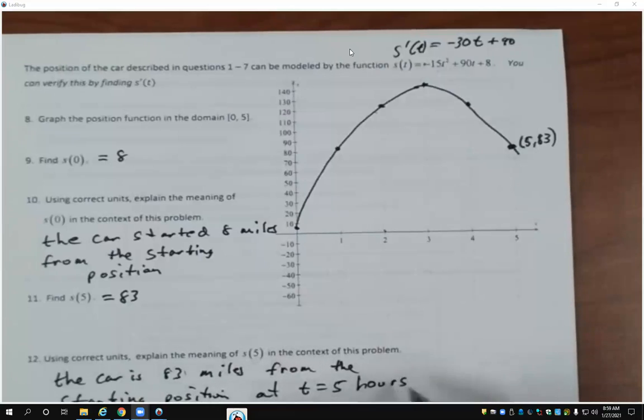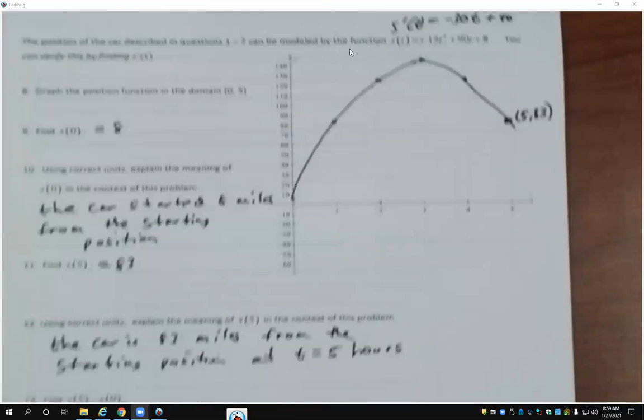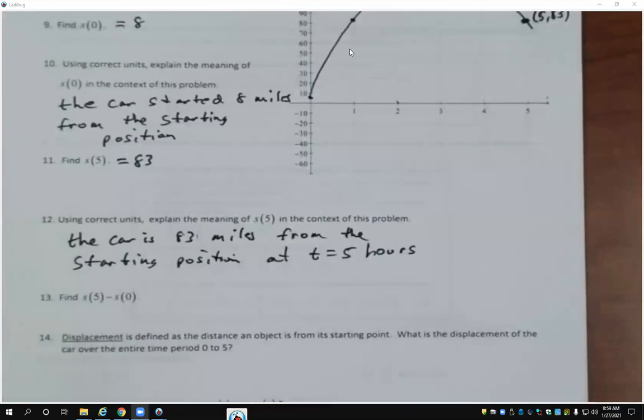Don't confuse this with total distance traveled. When we're doing position, that's a very specific spot we're at. That's not adding up. When we're integrating, we're adding up all those positions, and when you add up your positions over time, you're going to get the total distance.